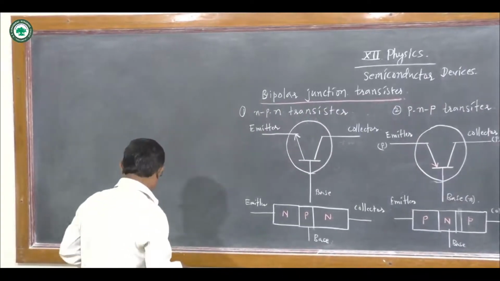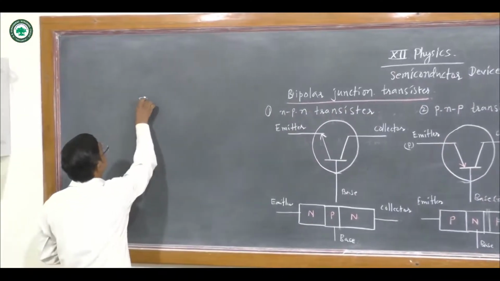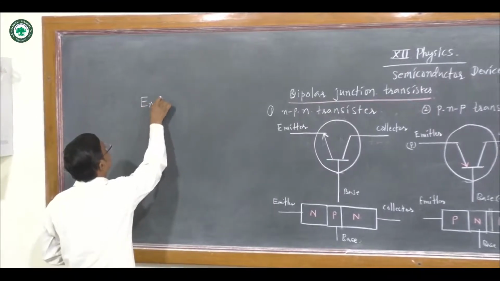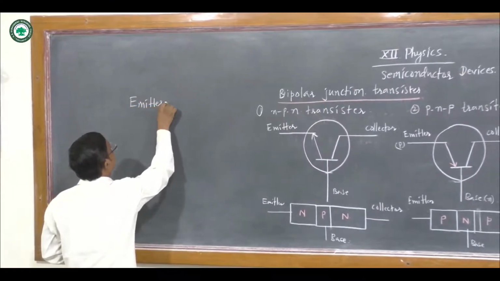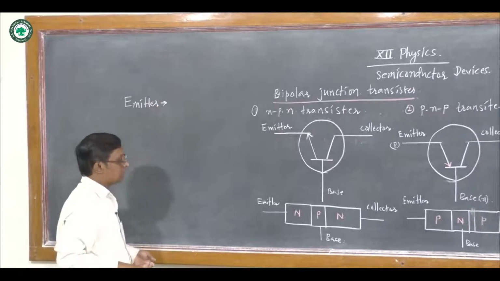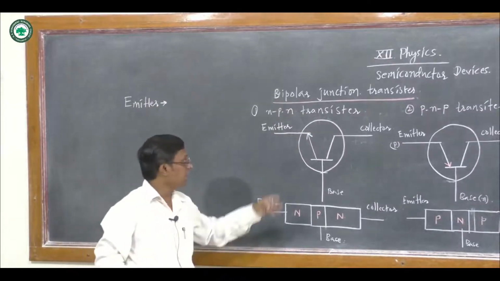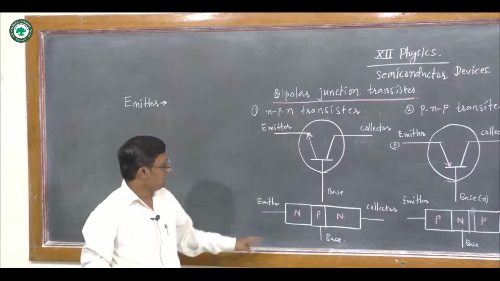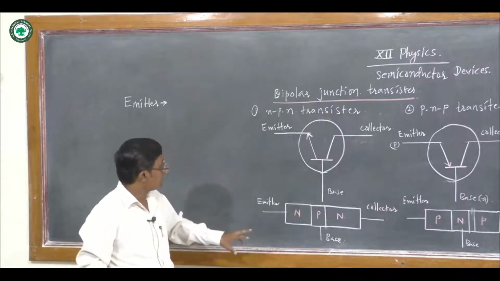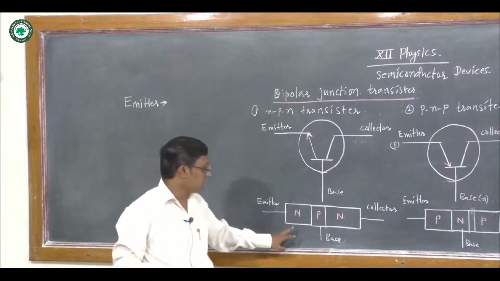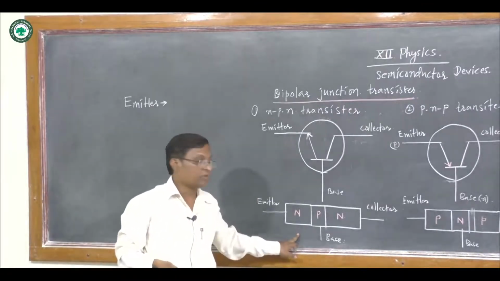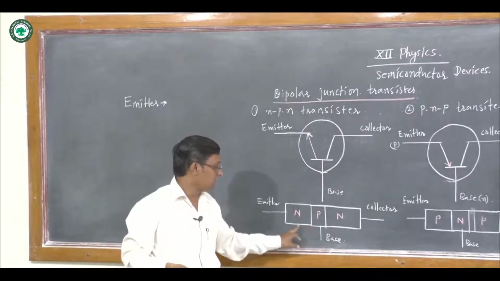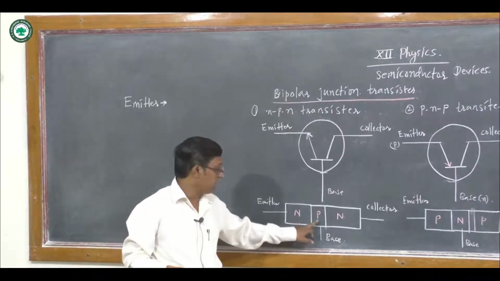The first one is the emitter. In the NPN transistor, this region is made up of the N type of material, which is larger in size than the base.